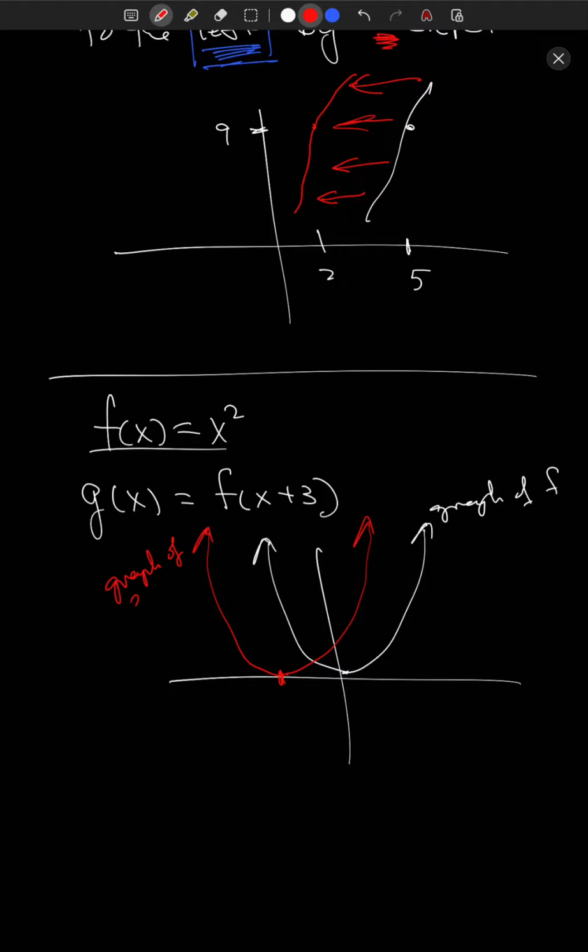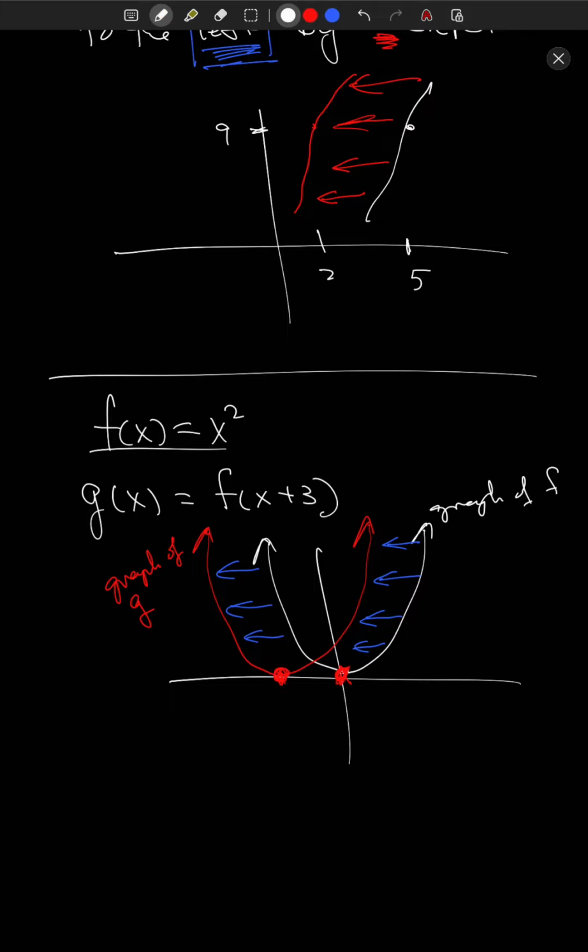Graph of g. And again, everything got moved over to the left by 3 steps. And so in particular, before f of 0 was 0, and now g of minus 3 is equal to 0.